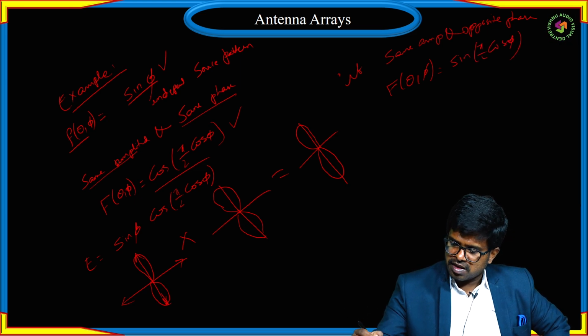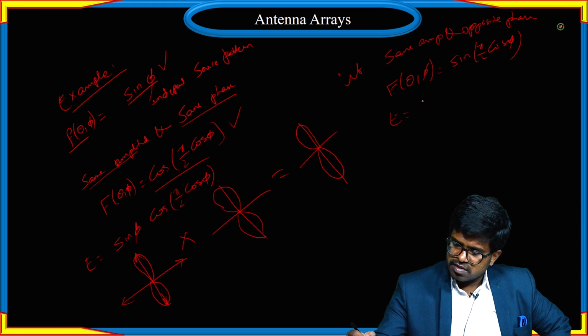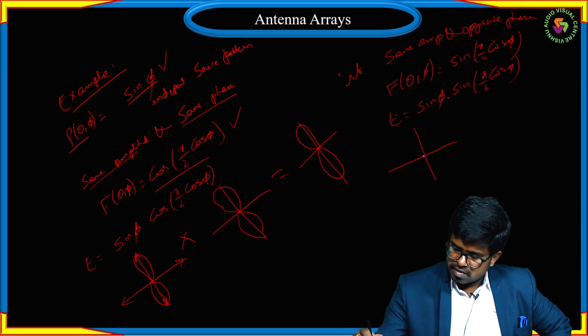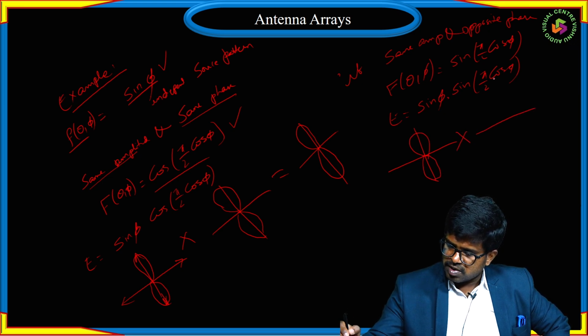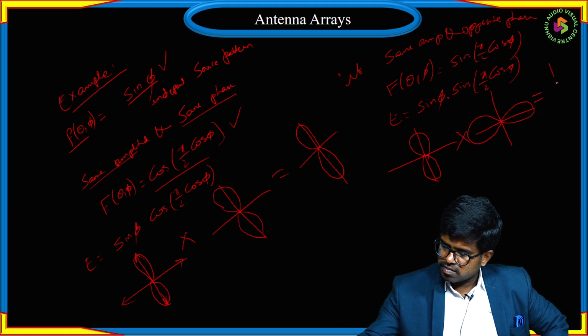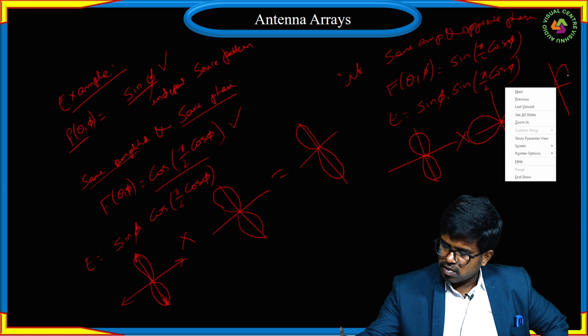Then the resultant field will be E equal to sin pi into sin of psi by 2 cos pi. Then how do you get the pattern? This is the sin pi pattern into the sin of psi by 2 pattern, and your resultant pattern will be like this.